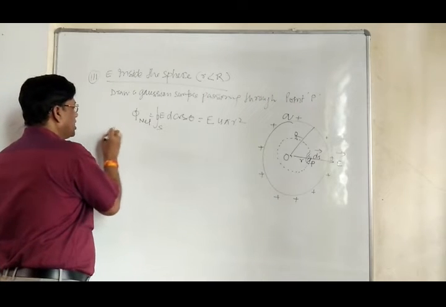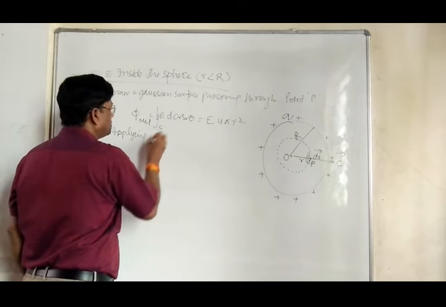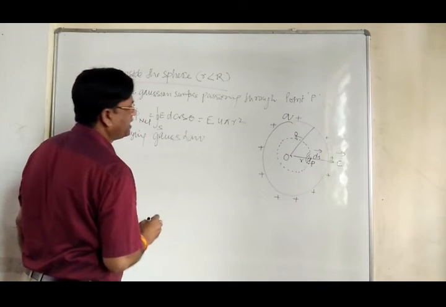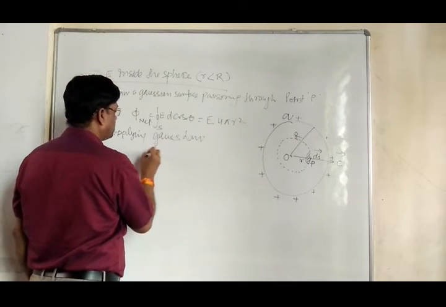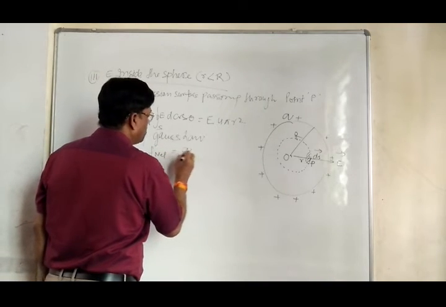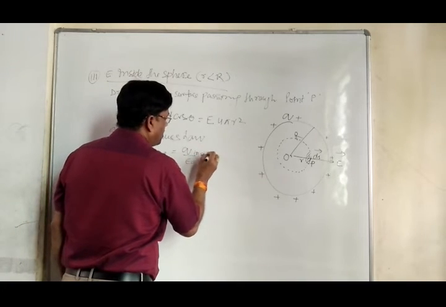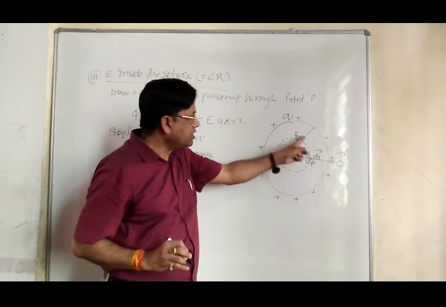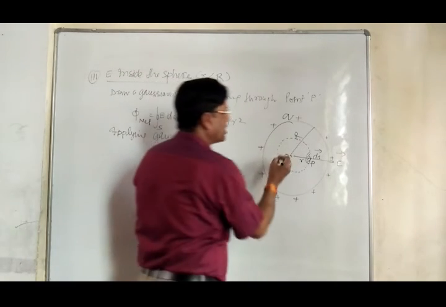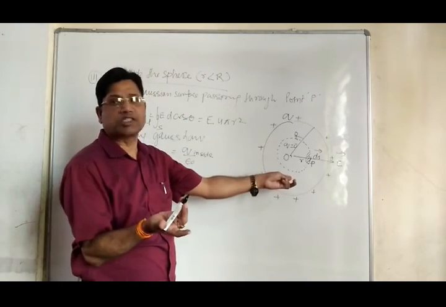And applying Gauss law, what would be phi net? Phi net is equal to Q upon epsilon naught, Q inside. The point is here. In this Gaussian surface, the charge enclosed is Q equal to 0. There is no charge inside this Gaussian surface.